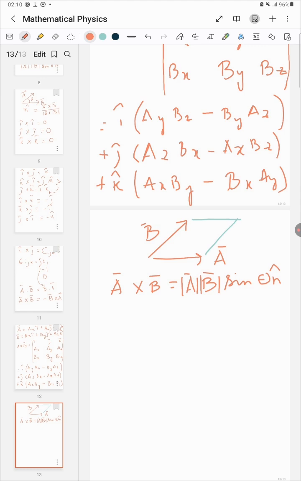The direction of the area of the parallelogram will always be perpendicular to the plane. So the direction of the area of the parallelogram, that is n cap, is a vector pointing perpendicular to the plane which contains the parallelogram. So the area of this parallelogram is nothing but A cross B.